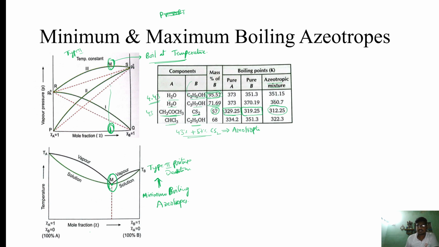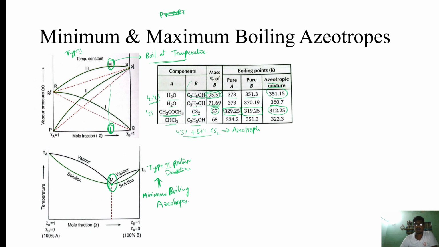And you can see these figures in both cases. Here it is 351.3 and here it is 373. The azeotrope boiling point is 351.15. And similarly you can see this azeotropic boiling point is very low. It is less compared to either pure A or pure B.